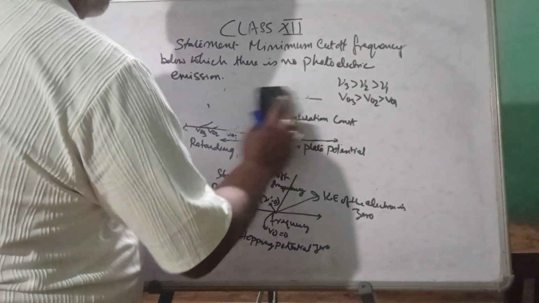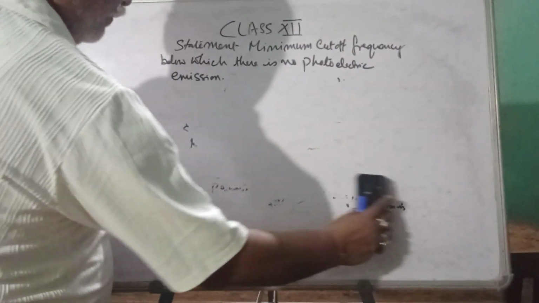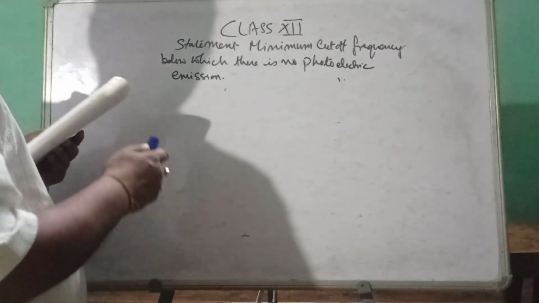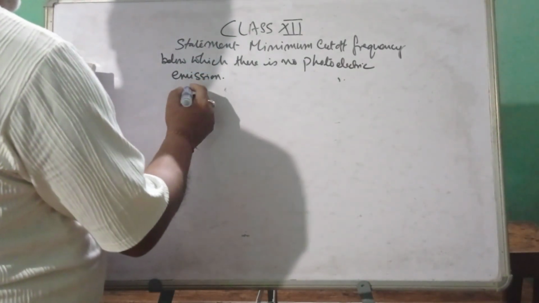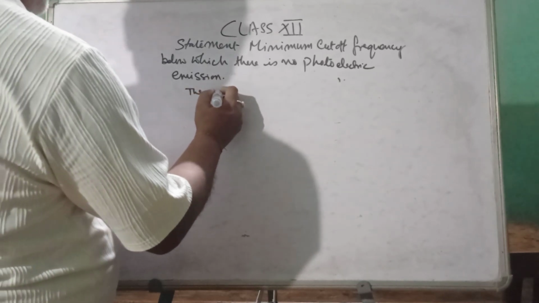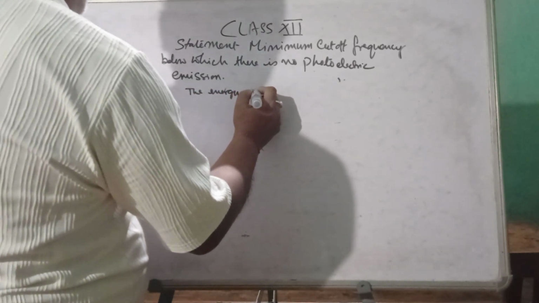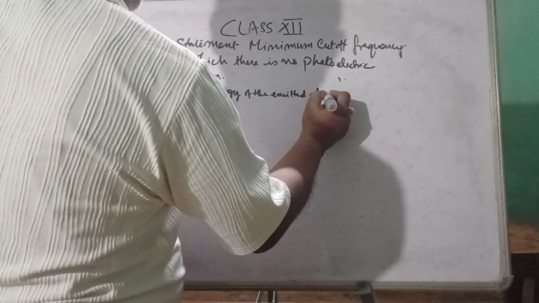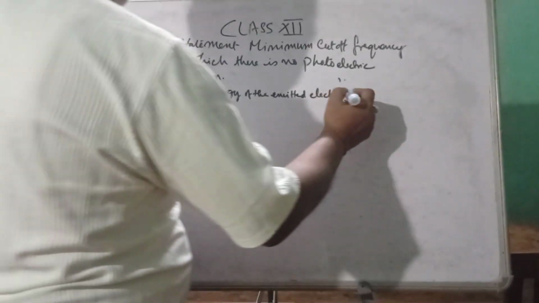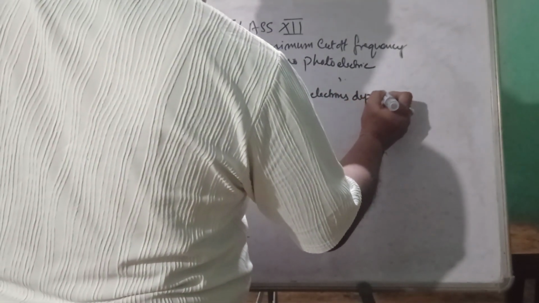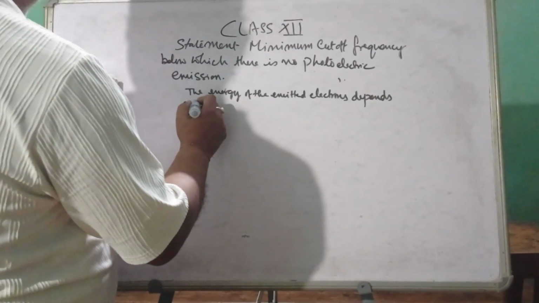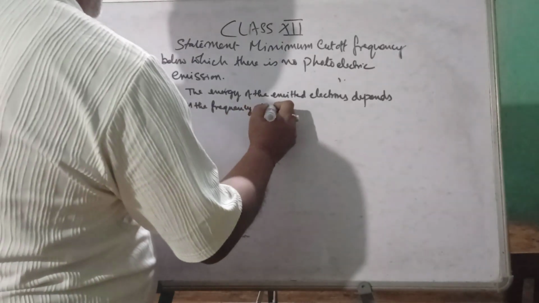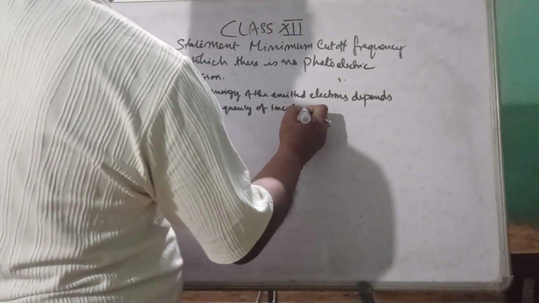Here you see the conclusions they have got. First is that the energy of the emitted electrons depends on the frequency of incident radiation.